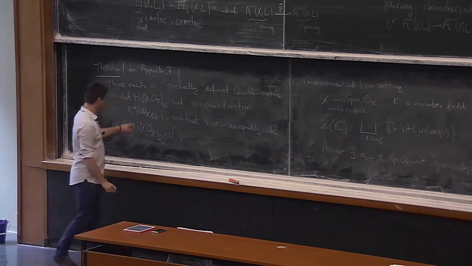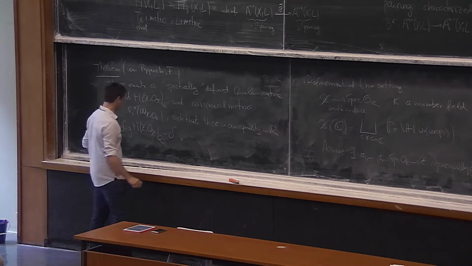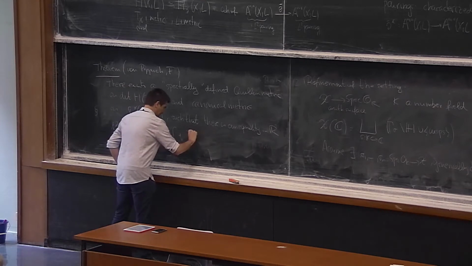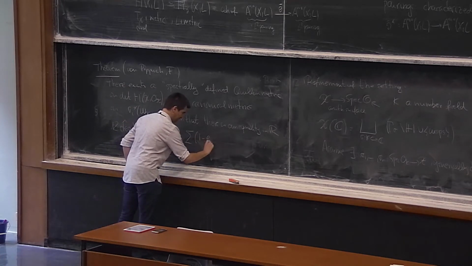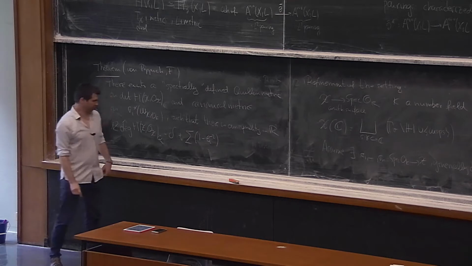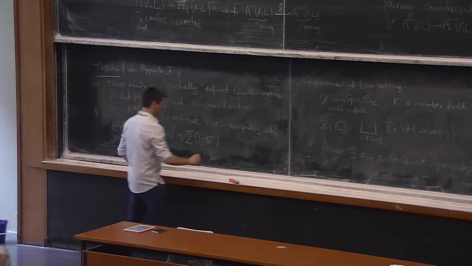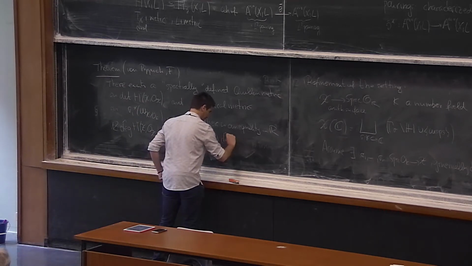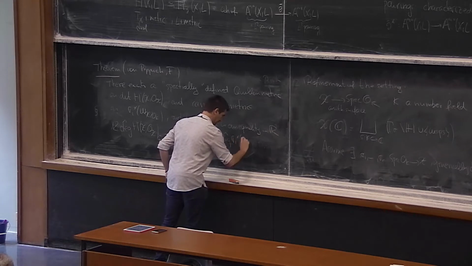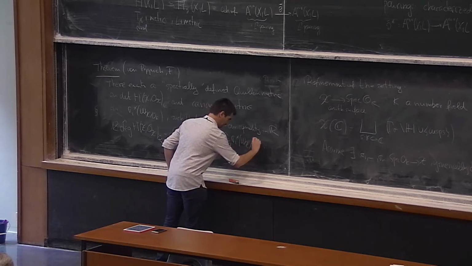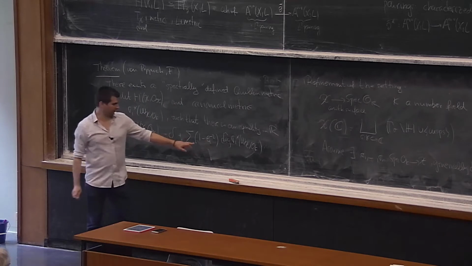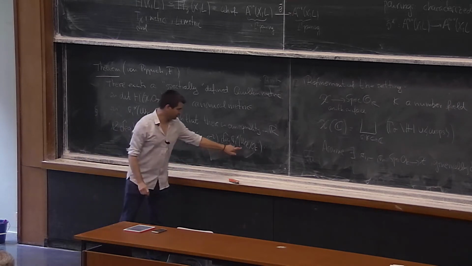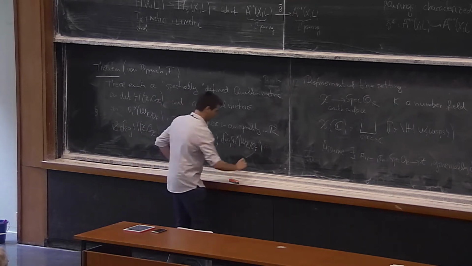And then I will have a contribution coming from these things with their metrics that will be weighted by this. So there is a square here, the arithmetic degree. So the metrics on these line bundles, I will write W.